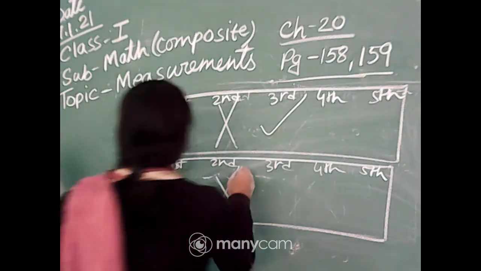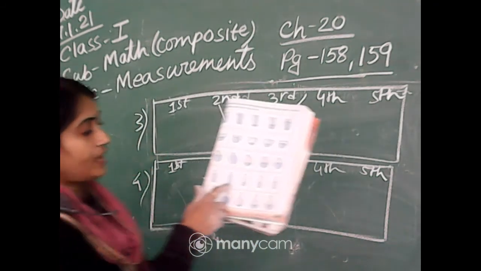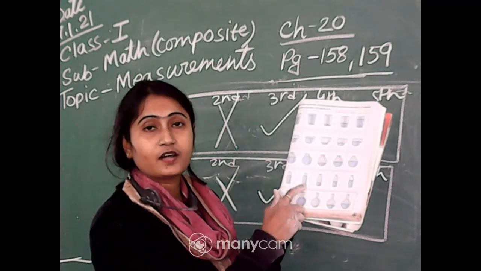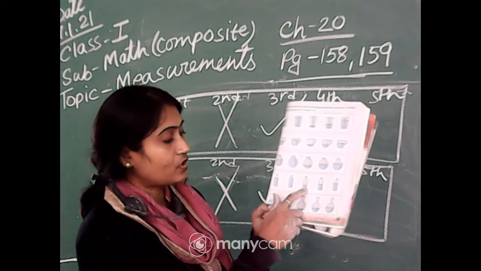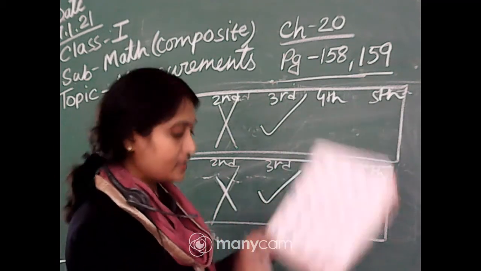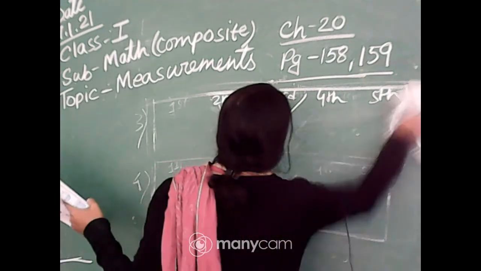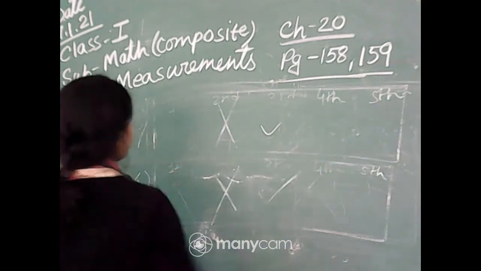So second one cross and third one tick. Second container has largest quantity of liquid and third container has smallest quantity of liquid. Now the last one, number 5.